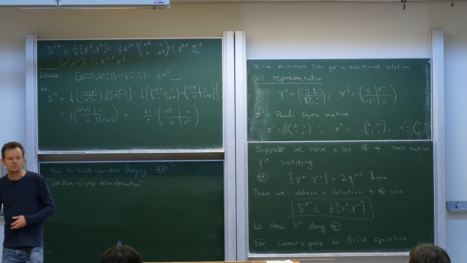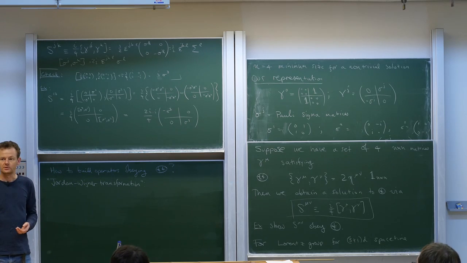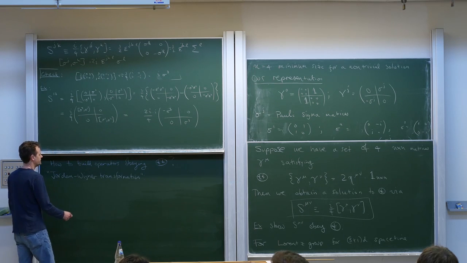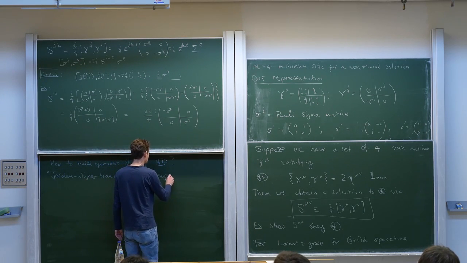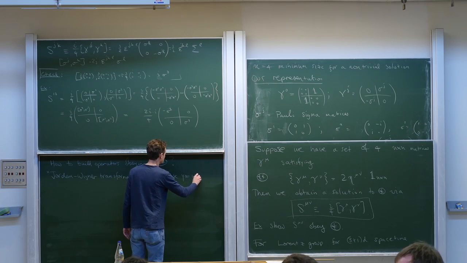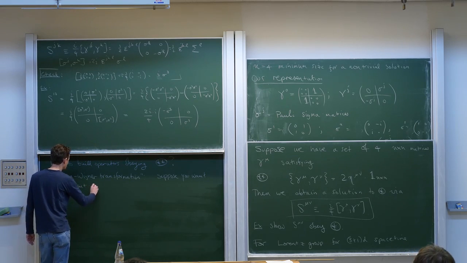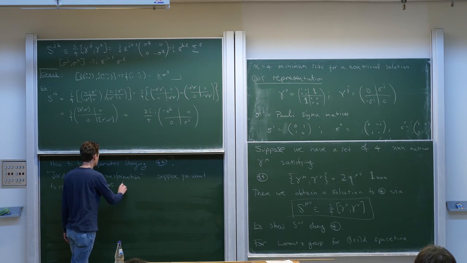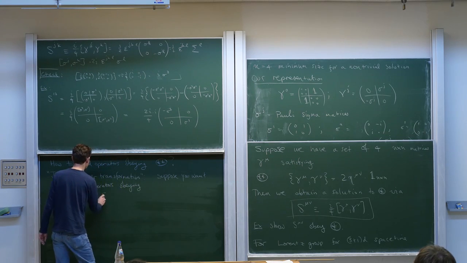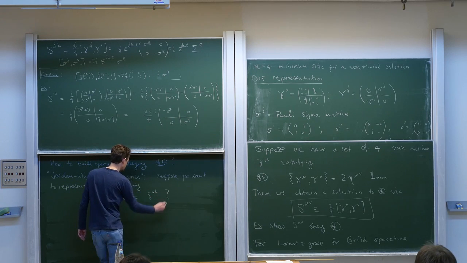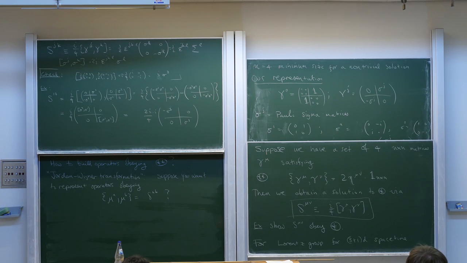And if you have things that anti-commute with each other and you want to put them on your computer, and your computer only understands linear algebra of matrices, how do you represent these things on a computer? So we'll start with this.